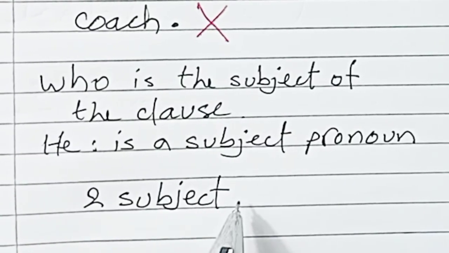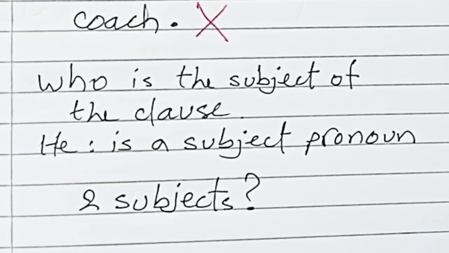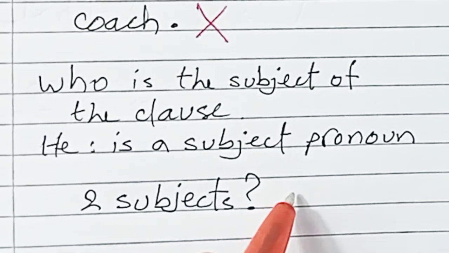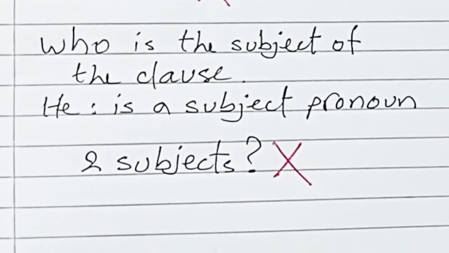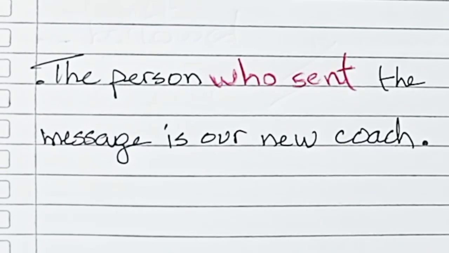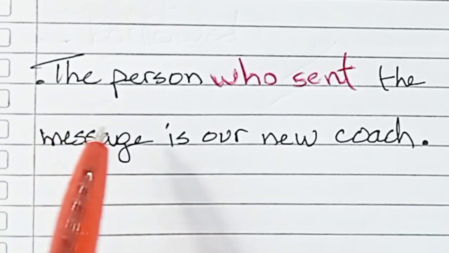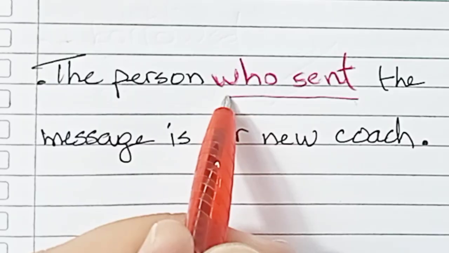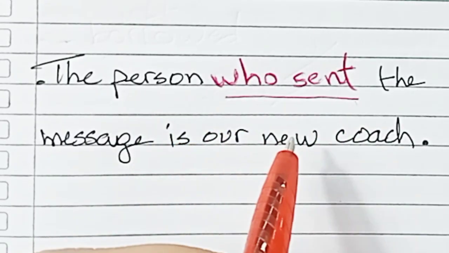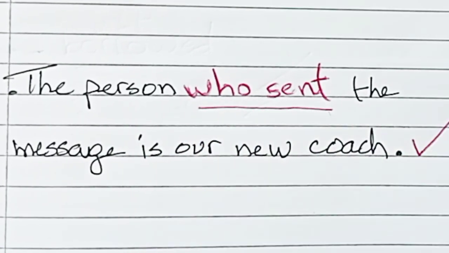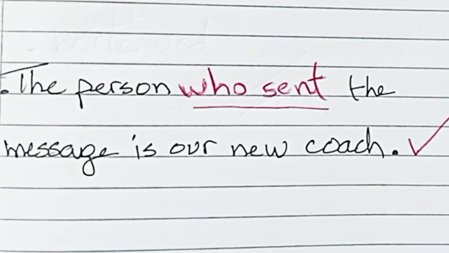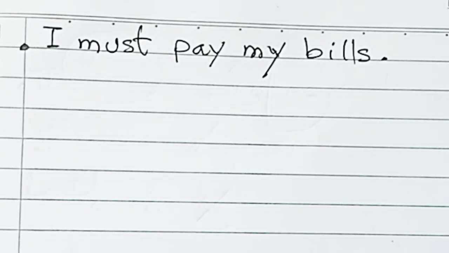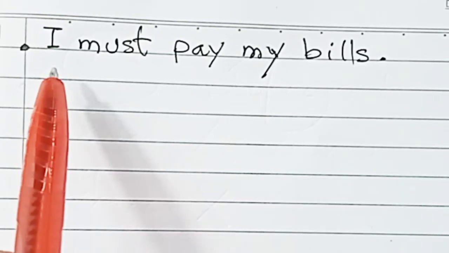We have two subjects here. Is it correct? No. One subject can do. So we drop he. The person who sent the message is our new coach. The person who sent, because who replaces he. And you're good to go. So you need to use one subject pronoun.